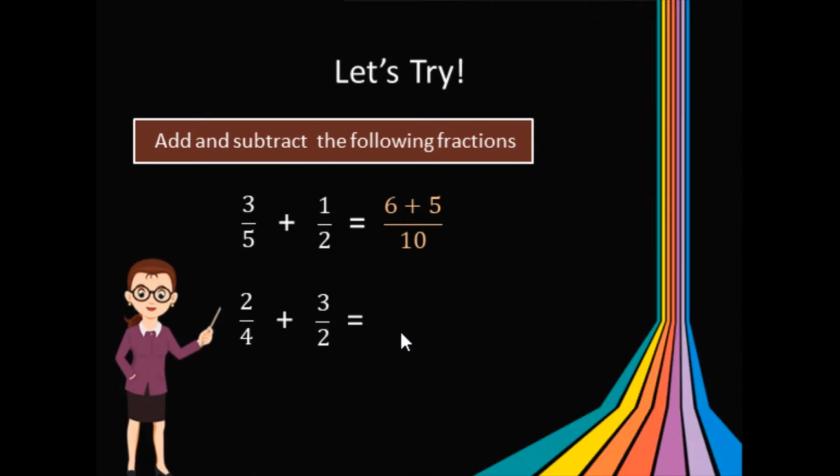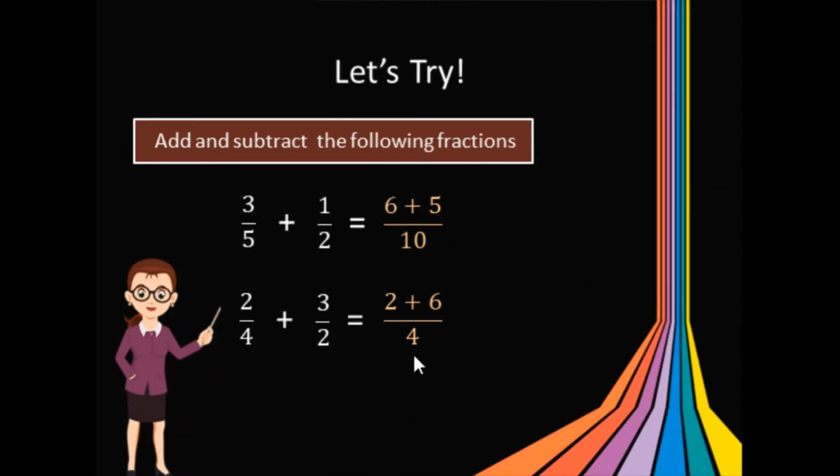Denominator is 4. Okay. 4 divided by 4 is 1. Times 2, we get 2. Can you follow? 4 divided by 2 is 2. Times 3, we get 6. So, it becomes 2 plus 6 over 4. We will simplify it later on.